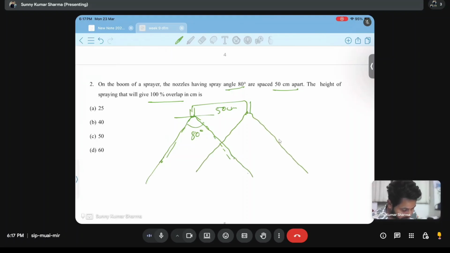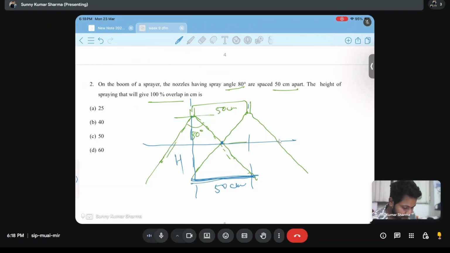What 100% overlap means is that at this height, if it is being sprayed, then there is no overlap. And we say 100% overlap when this 50 centimeter matches with this overlap, means this will also become 50 centimeter. So this will be achieved at what height? This height we need to know.